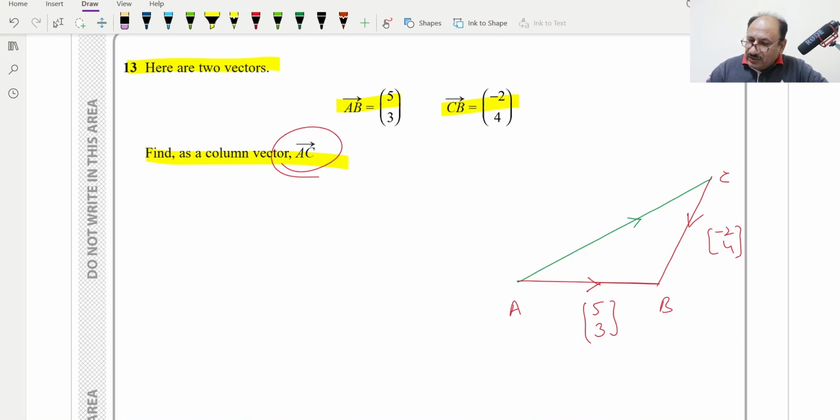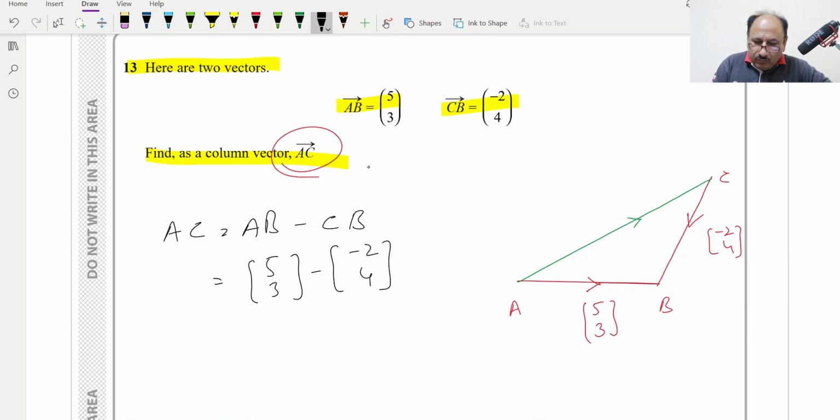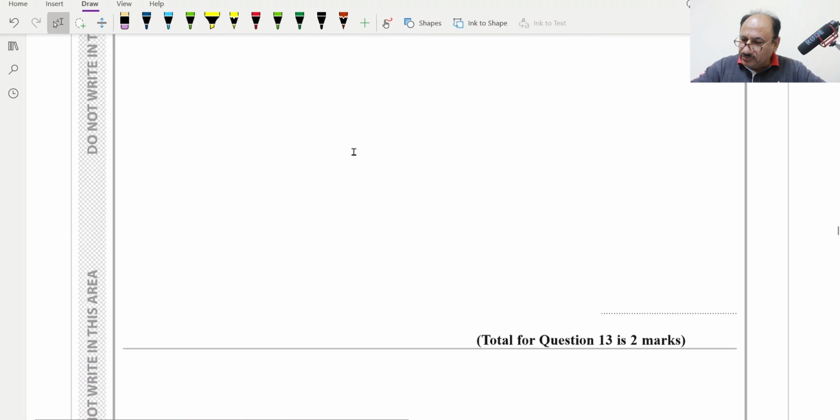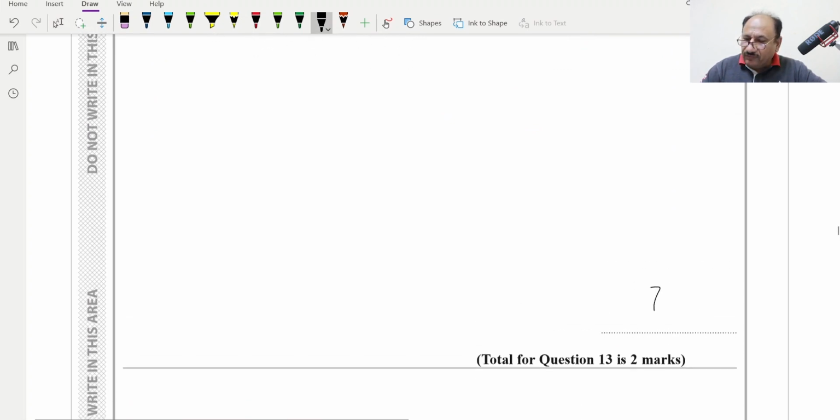So we will take the minus direction of this, and our vector AC will be equal to AB minus CB, and we will replace the values 5 and 3, and minus, this will be -2 and 4, and this will be 5 minus -2, which is +2, and 3 minus 4, and this will be equal to 7 and -1. 7 and -1 will be the column vector for this one, and this will be our answer for this part. Hopefully you understood this.